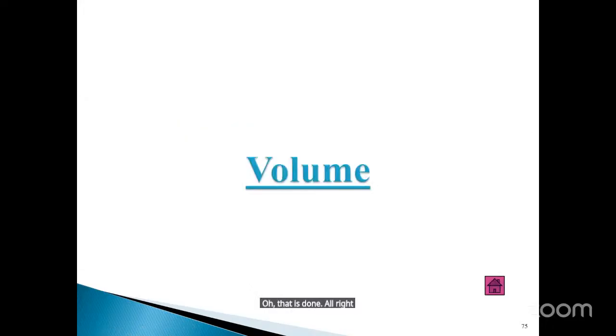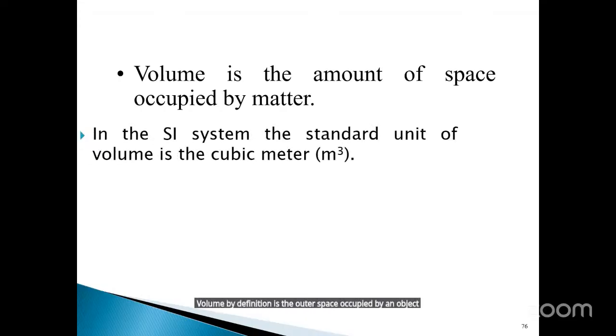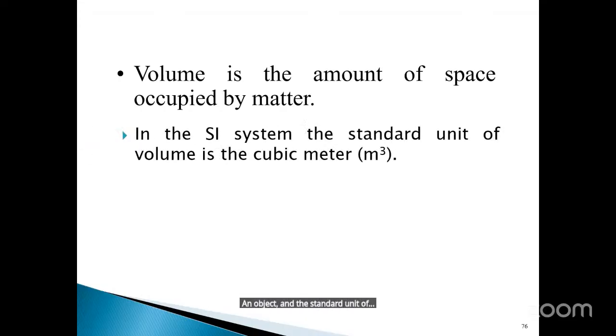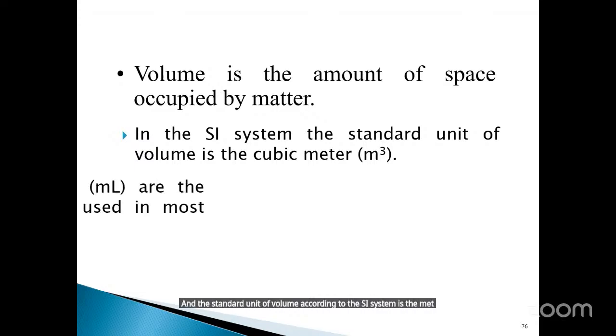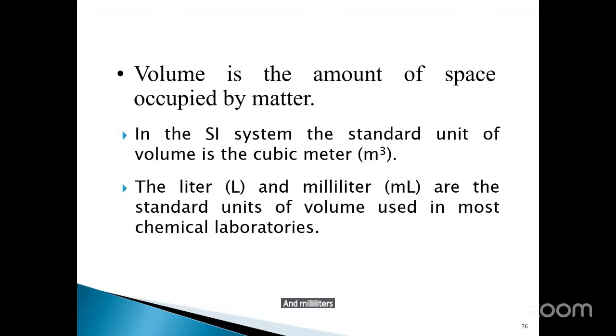All right. The next type of measurement is volume. Volume, by definition, is the amount of space occupied by an object. And the standard unit of volume, according to the SI system, is the meter cube. But there are some other units used as well, like liters and milliliters.